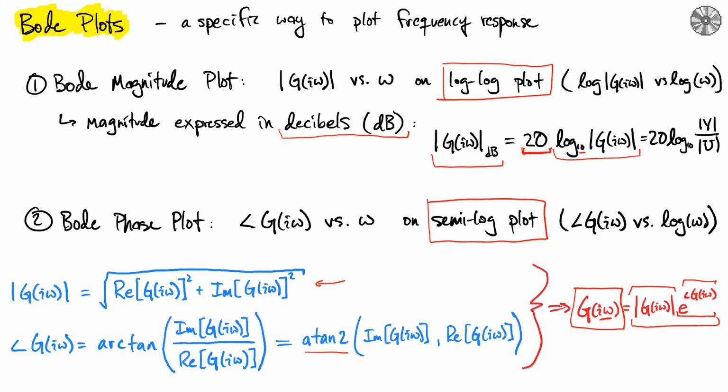And remember, the magnitude of G of i omega is simply the magnitude of the output divided by the input. So it's the ratio of how big the magnitude of the output is compared to the signal that we're injecting.